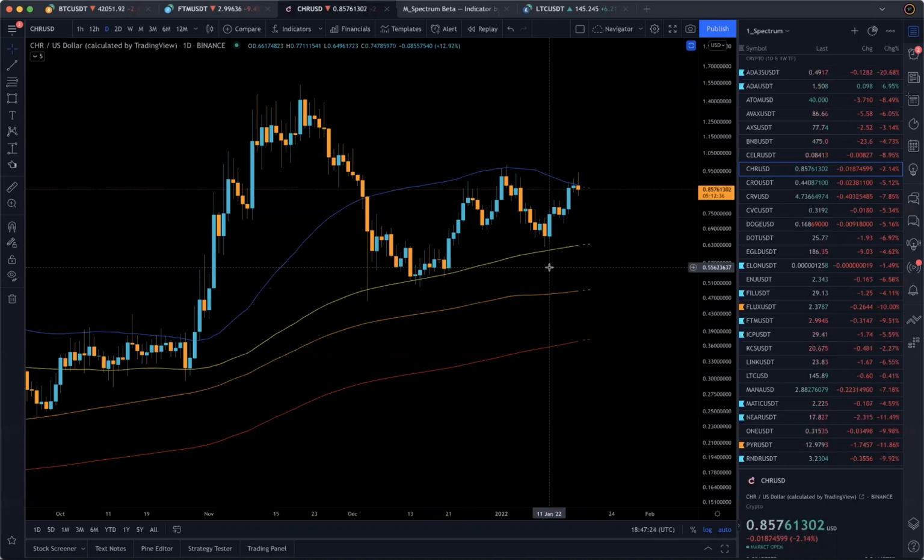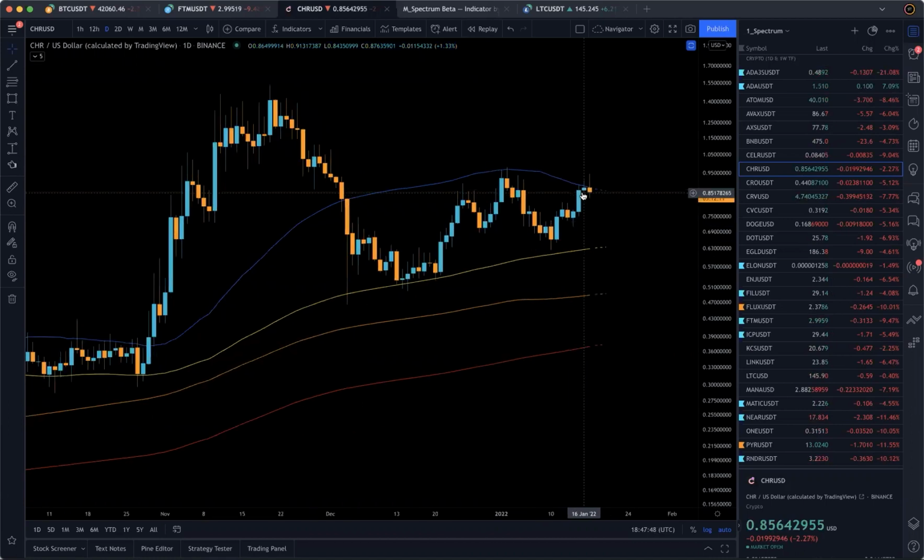But in general, if it closed below, then it's not good. That means it's broken the support. But if it is intraday, it's just penetration. So here I would say this is penetration, this is not rejection. Unless it closes below, then you can say it's rejected today, right? But not necessarily. If the rejection doesn't go deep, it doesn't mean that there is a major risk.